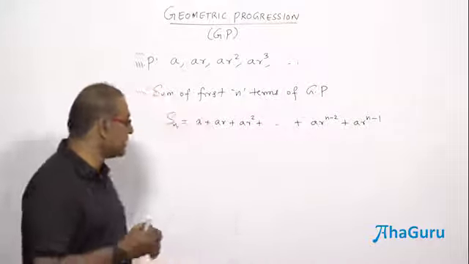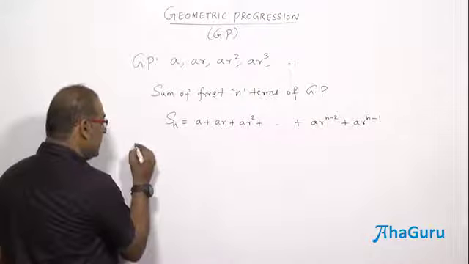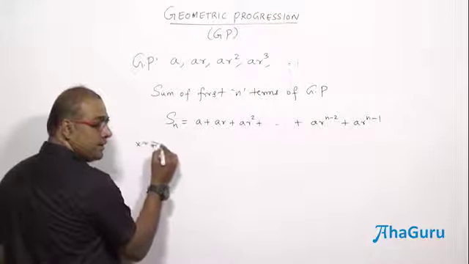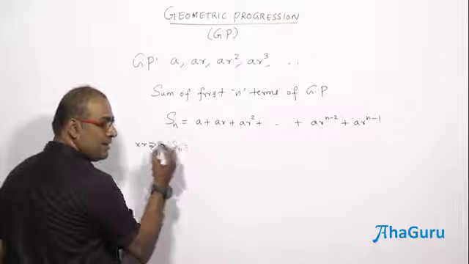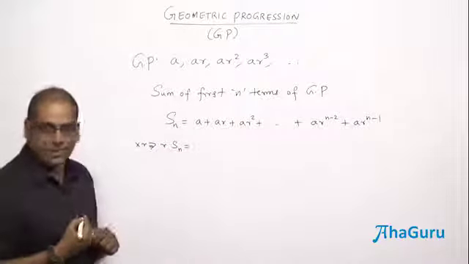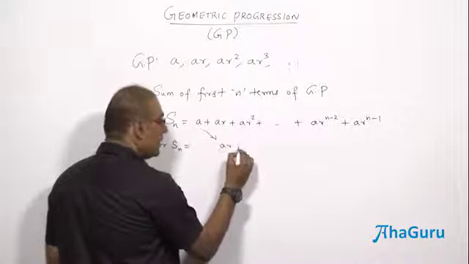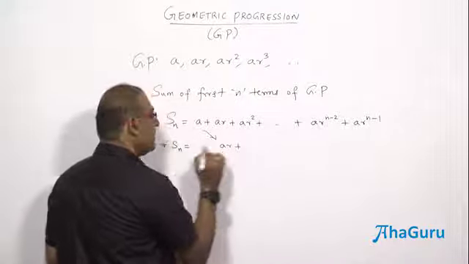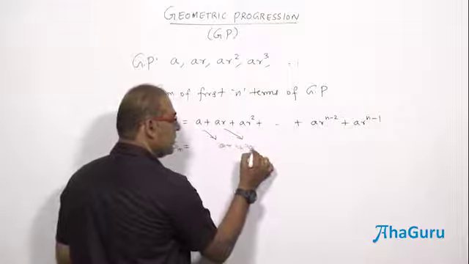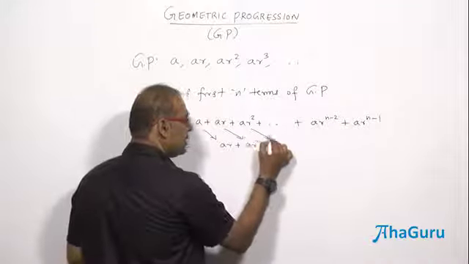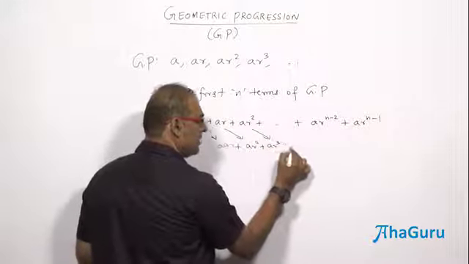So the plan is, if I am going to multiply by R, what do I get? R Sn on the left hand side. My A goes to AR. AR goes to AR squared. Then AR squared goes to the next one, so like that it goes on.